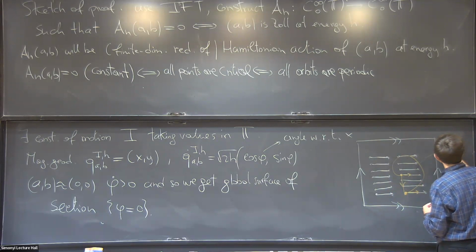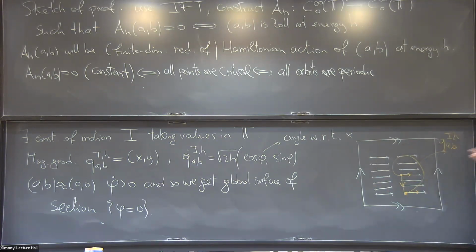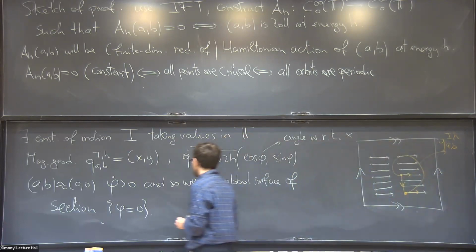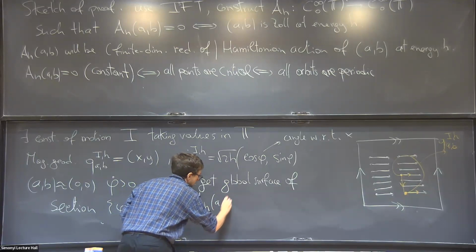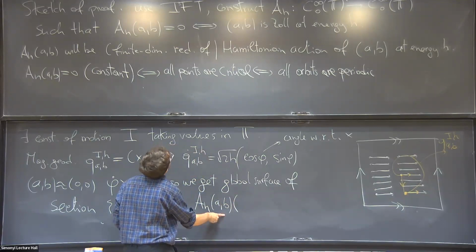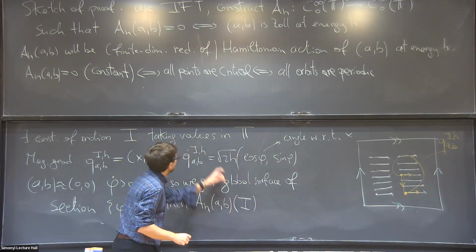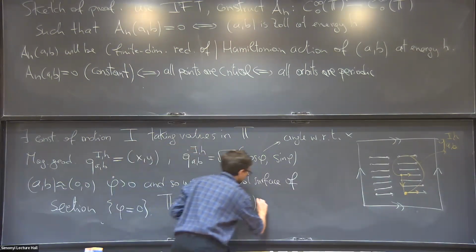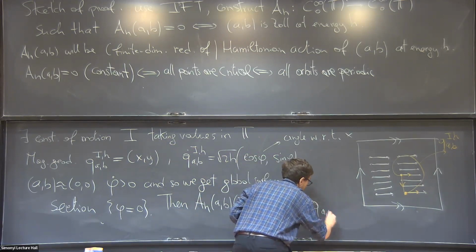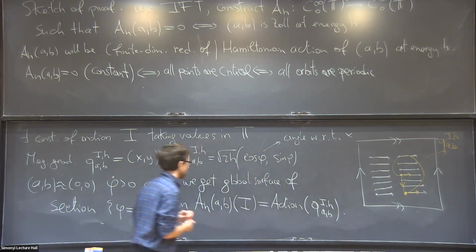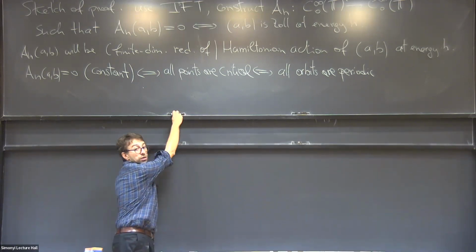This I still want to call Q_AB,I,H. And now we'll take the Hamiltonian action of this orbit, A_H AB, and this is a function of an element in S1, and this element in S1 is actually the integral of motion. This is the action of Q_AB. All right, so this is the definition of the function.